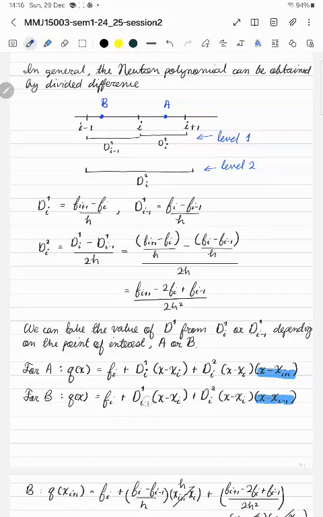And the same goes for b. It is better for us to take the slope of d(i-1) instead of d(i). And by doing that, you have two different sets of interpolation that you can freely use, each with a different value because you shift the position of your reference.